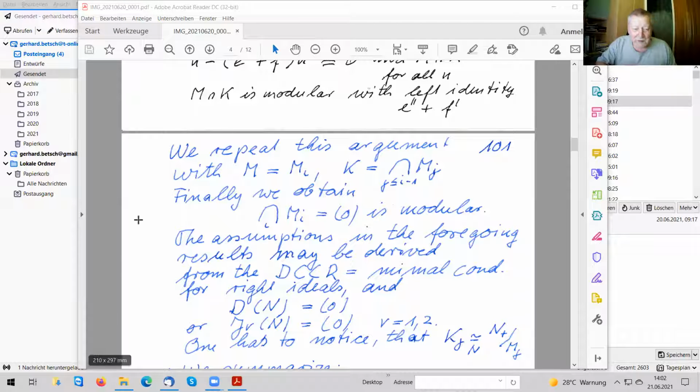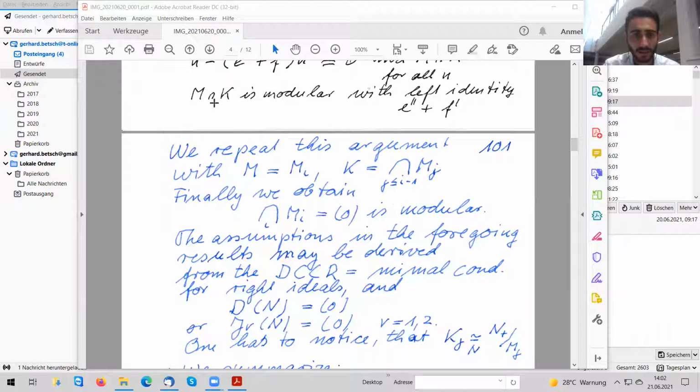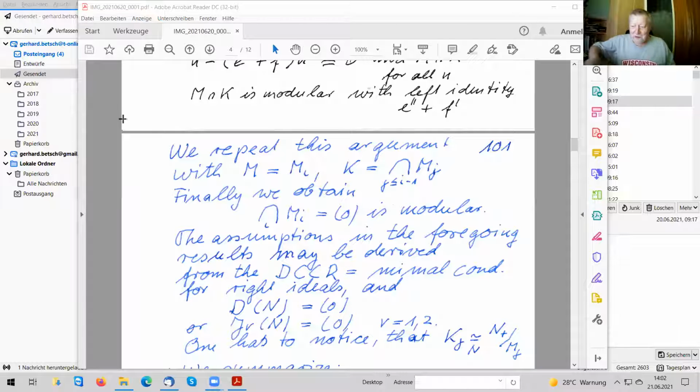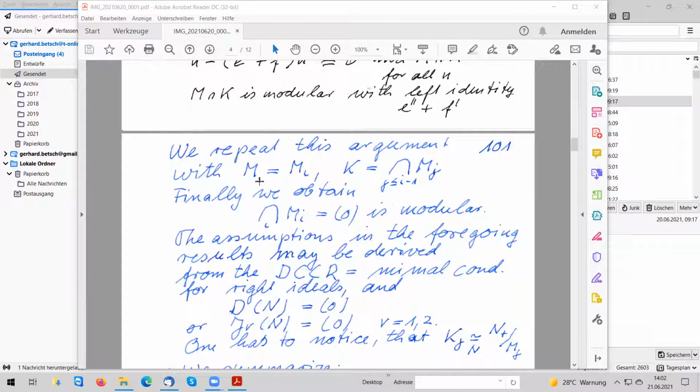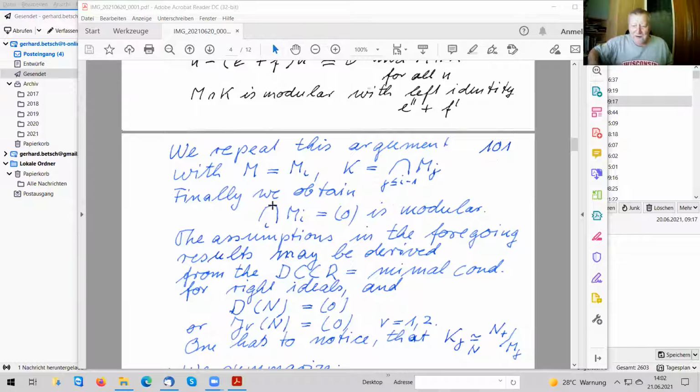But Gerhard Betsch still doesn't have his sound on. Maybe if he closes the slides that he's presenting and he shares back then again, that might be an option. That's a good idea. Can you hear me? Yes, yeah. Wonderful.